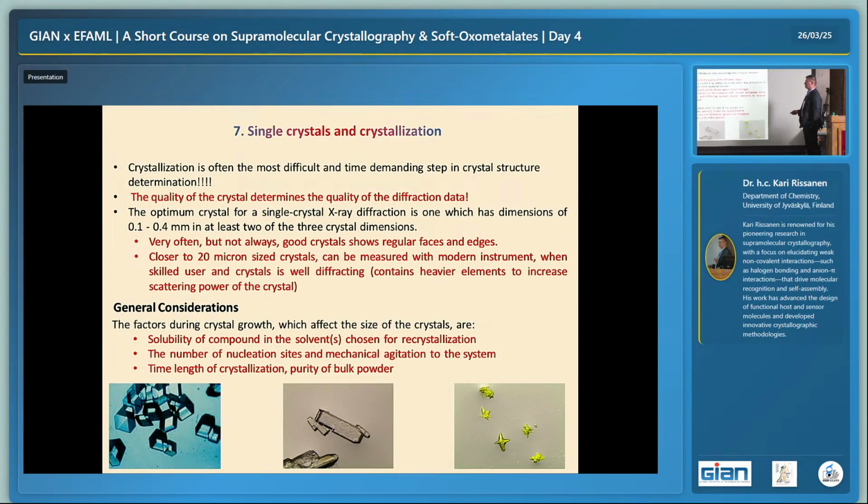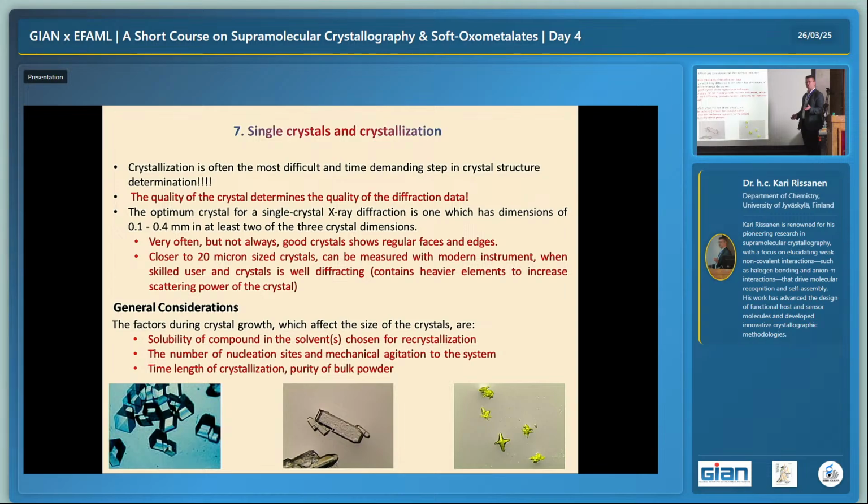So one of the things when we are normally working with molecular systems is that you have to solubilize them in some solvent. So solubility of the compound is important. Of course you can't grow a crystal from a material which is not soluble.